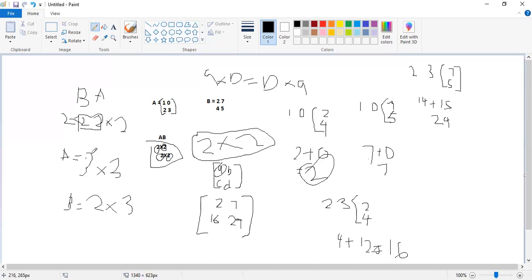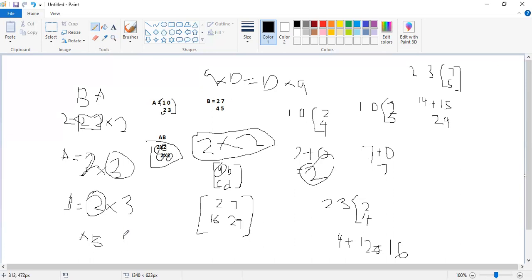So let's say AB is not possible because the column of A is not the same as the row of B, right? So the multiplication of A and B will not be possible.